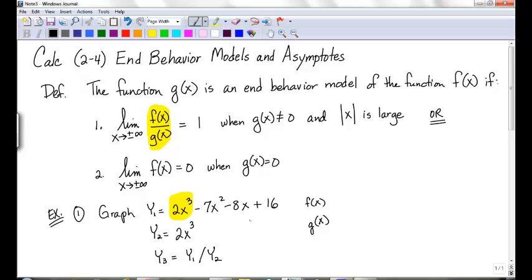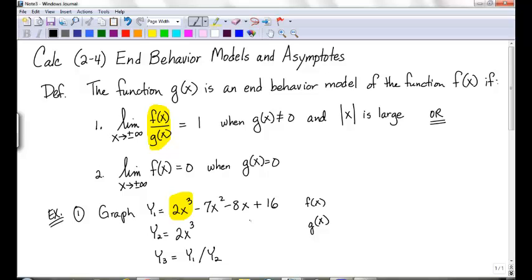The other thing, check your mode. Make sure you're back in connected mode. You can clear anything out of the equations, but check your mode. Make sure all the first ones are highlighted. Then put in 2x to the third minus 7x squared plus 8x, and in y sub 2, put in 2x to the third.